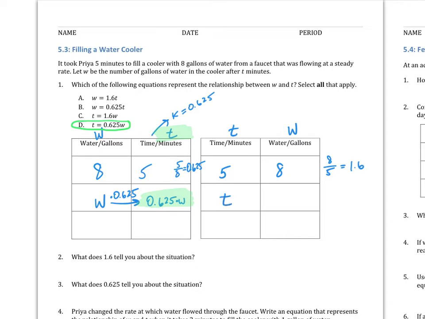So I'm going to put T right there, and I know I'm going to multiply by 1.6 because the constant of proportionality for this one is 1.6. So that's 1.6 times T. That tells us my equation is W equals 1.6 times T, and that is equation A.